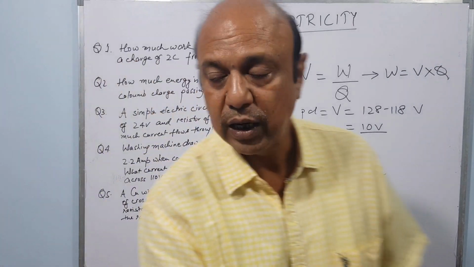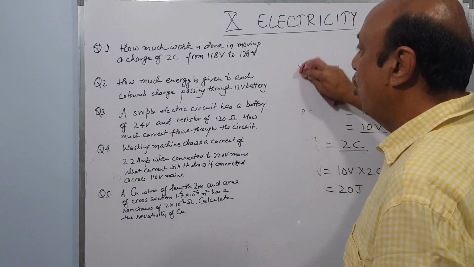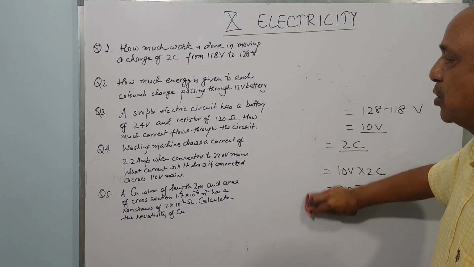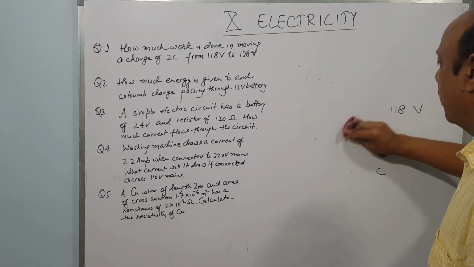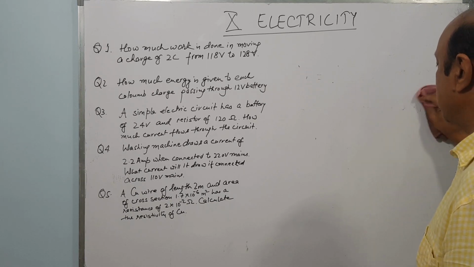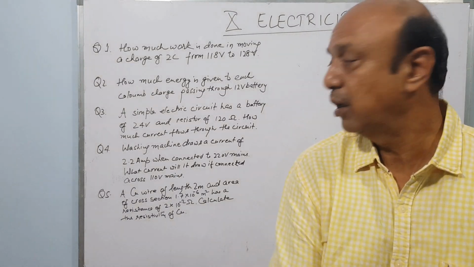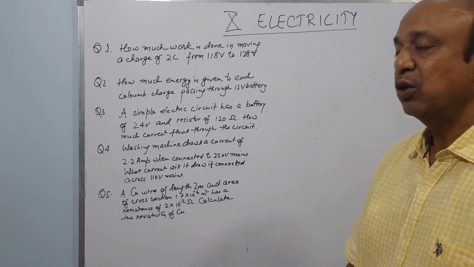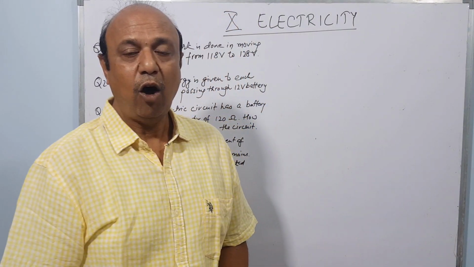Okay, moving on to the next question. How much energy is given to each coulomb charge passing through a 12 volt battery? How will we solve it?